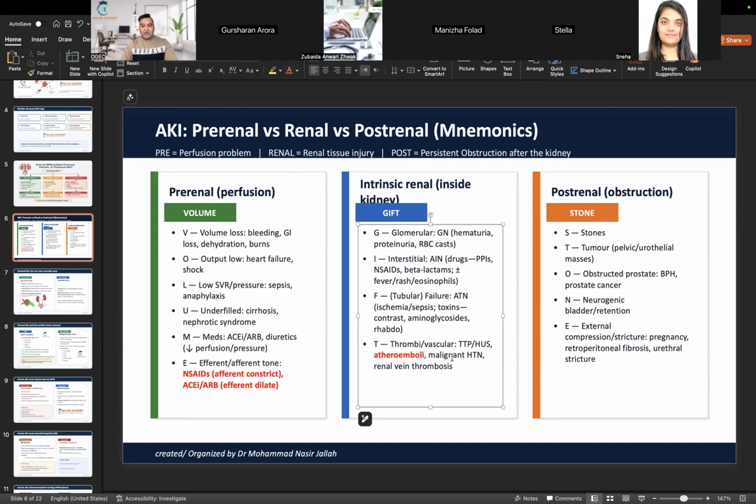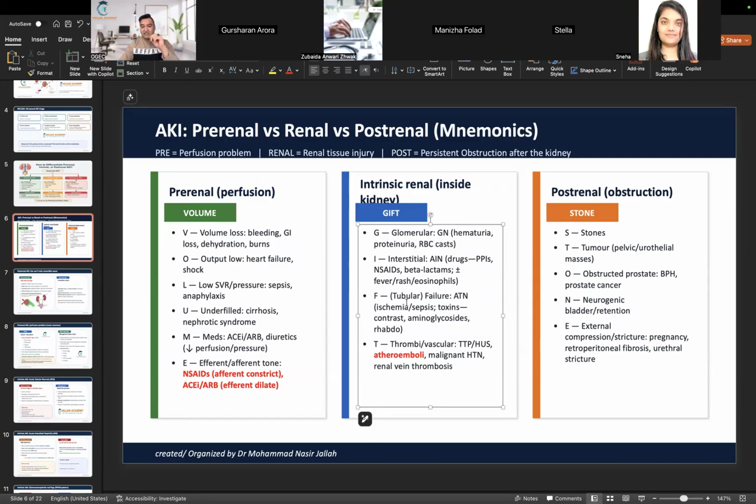So atheroembolic: if they give you a scenario about someone with acute kidney injury, first they give you a history. Recently, maybe a few days or a week ago, the patient had a major surgery. And now the patient has acute kidney injury. And not only that, the patient has eosinophilia.